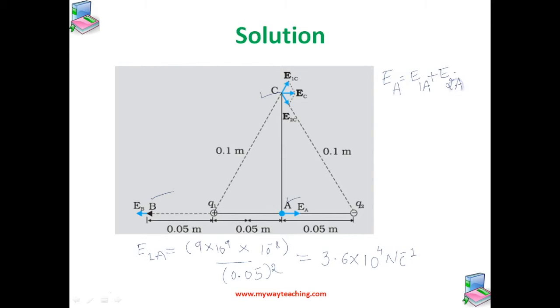This is very simple: it is twice E1A since both are equal in magnitude. So it is 7.2 into 10 raised to 4 Newton per coulomb, and this EA is directed towards the right. This is the first part of the question.